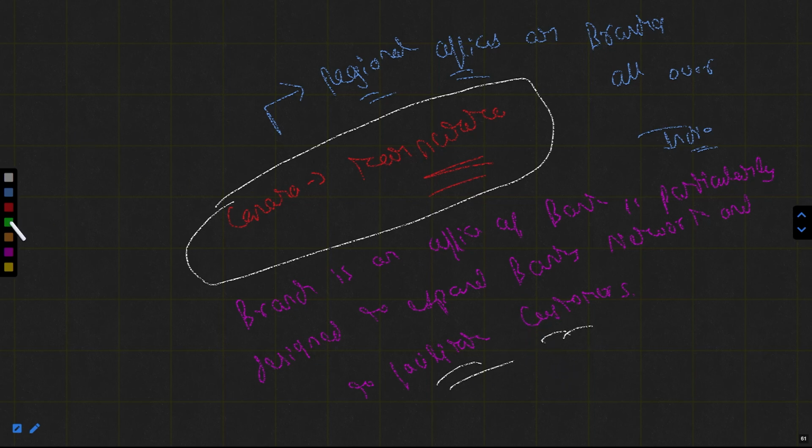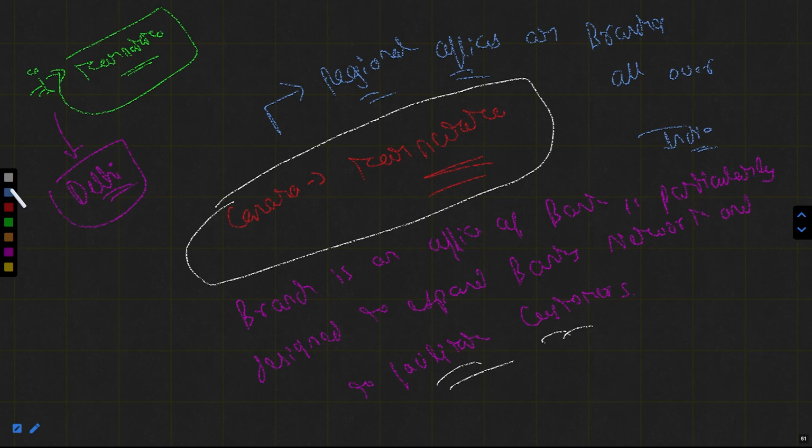Suppose I am a customer of Canara Bank and I opened an account in Canara in Karnataka when I was living there, but after some time I moved to Delhi. Now I am in Delhi, but my account is in Karnataka, and suppose Canara Bank does not have any office in Delhi. Am I able to use the services of Canara Bank?